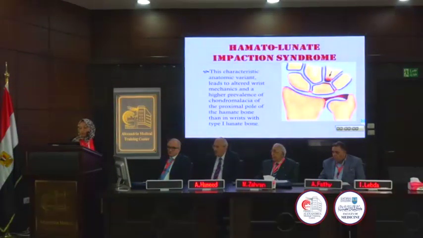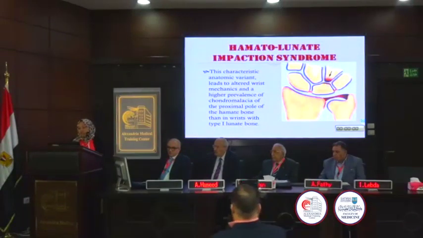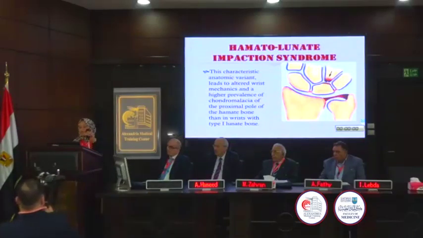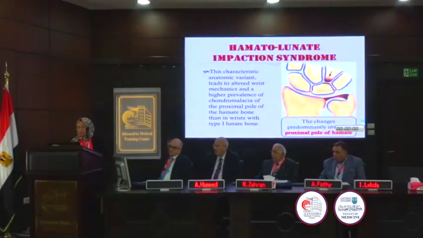It will cause, here the location is totally different. Here the chondromalacia and the subchondral marrow changes will be at the level of the distal lunate and proximal hamate in patients with type 2 lunate.